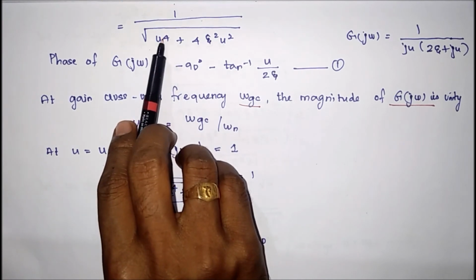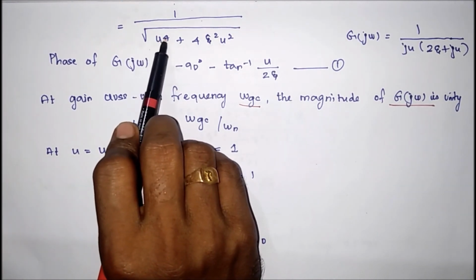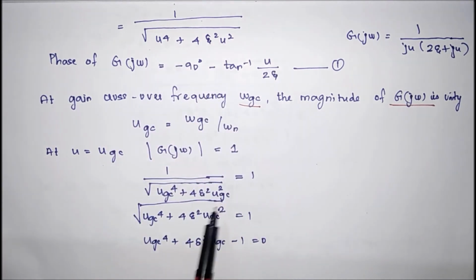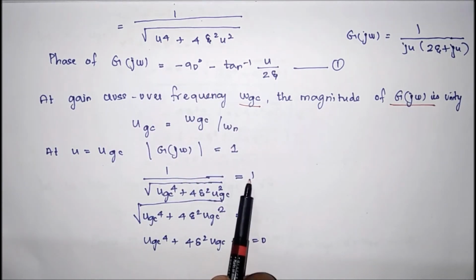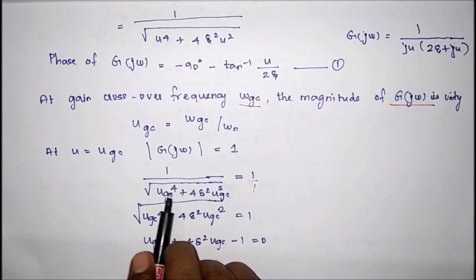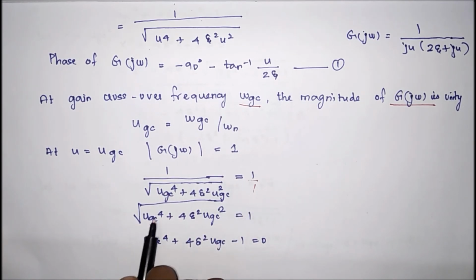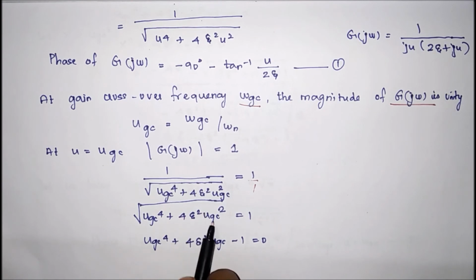So now in this equation, instead of u we have to consider u_gc. So here u_gc to the power 4, here u_gc square. Now here 1. If we compare these two, we can consider 1 by 1: numerator 1 equals 1, and the denominator term also equals 1. Therefore square root of u_gc power 4 plus 4 eta square u_gc square equals 1.